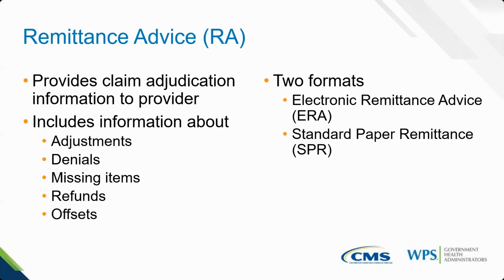And depending on how the claim is processed, it may also include information about adjustments that are made to the claim or, of course, denials. It could also include information about something that's missing. Sometimes it provides notice about refunds, and sometimes it provides notice about offsets. So the information on the remittance advice is very, very valuable.